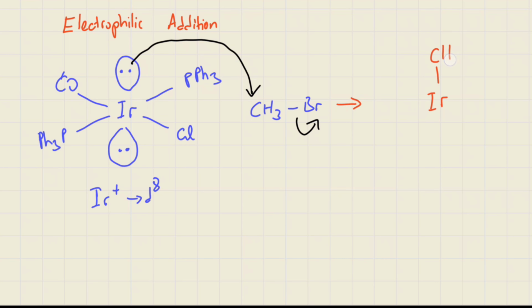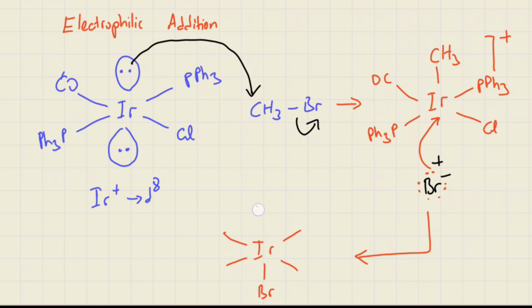And plus charge. After the reaction, there will be Br minus inside the solution, of course, and this can react with the iridium center since it has so many electrons, and it can attack the metal center, and at the end we can obtain our final product.